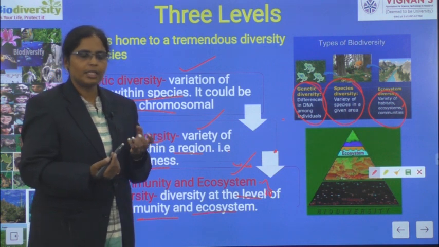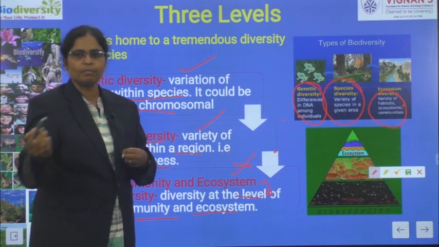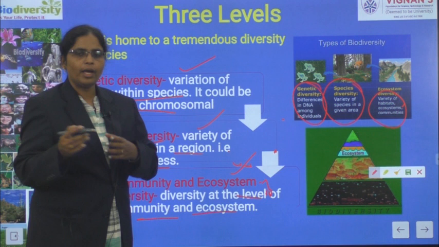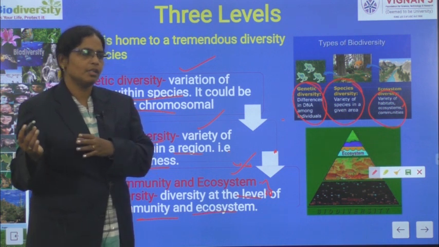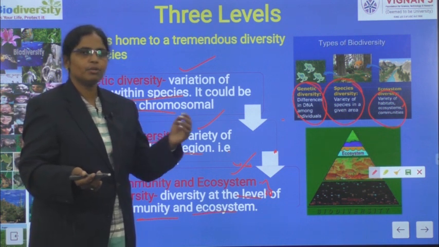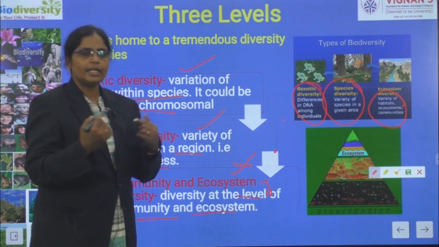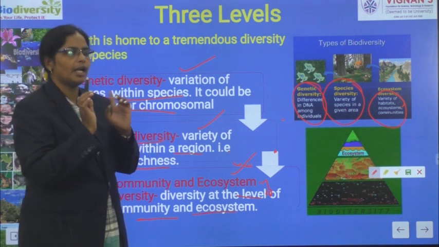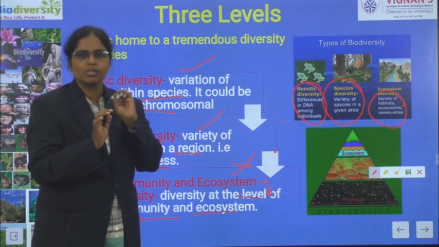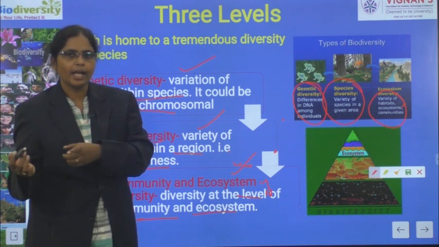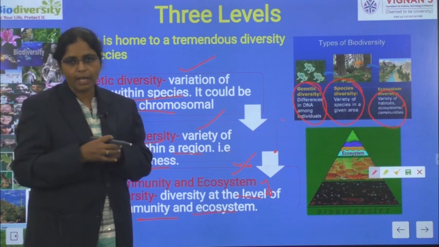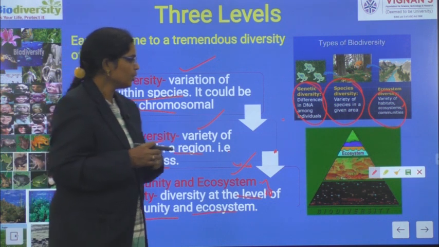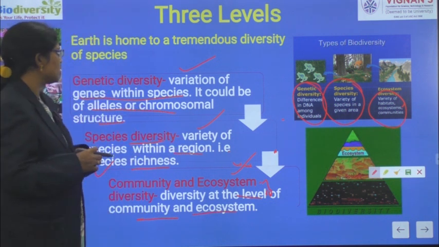For example, the grassland habitat differs from the desert habitat, where the species existence differs from the desert environment to the cold environment. That is called ecosystem diversity. That means in a particular habitat, one particular type of ecosystem will exist, and in another habitat, another type of ecosystem will exist. So that is called ecosystem diversity.